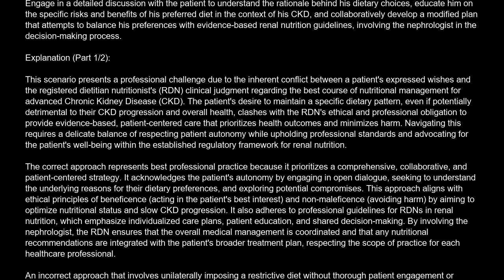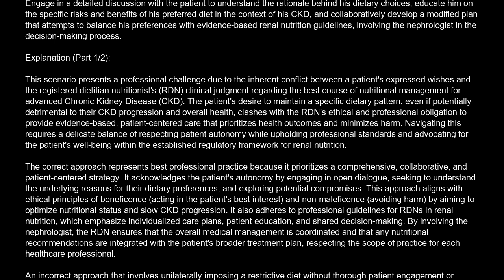the registered dietitian nutritionist's (RDN) clinical judgment regarding the best course of nutritional management for advanced chronic kidney disease (CKD). The patient's desire to maintain a specific dietary pattern, even if potentially detrimental to their CKD progression and overall health, clashes with the RDN's ethical and professional obligation to provide evidence-based, patient-centered care that prioritizes health outcomes and minimizes harm.